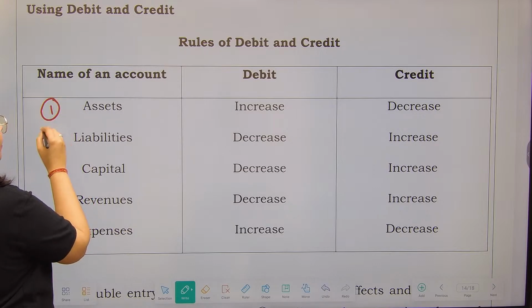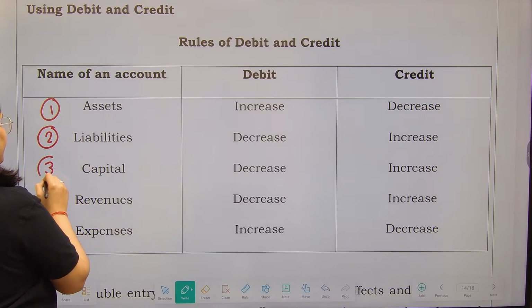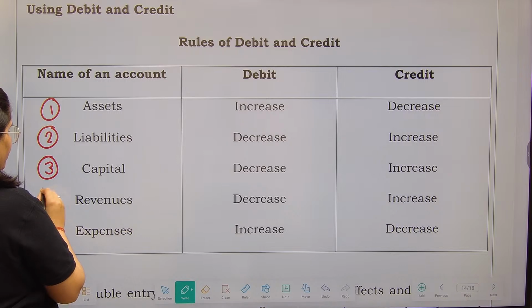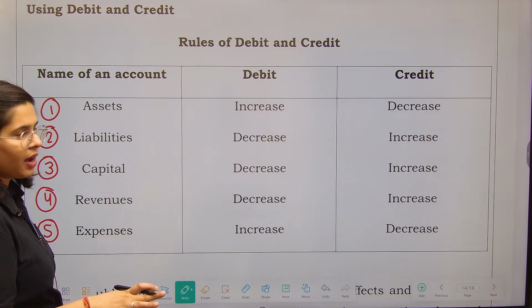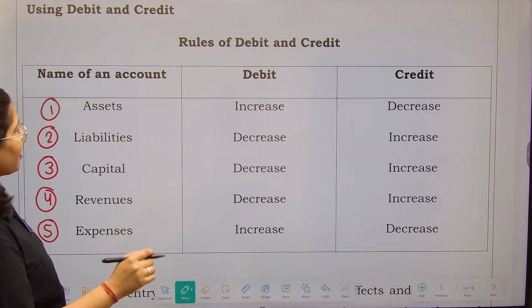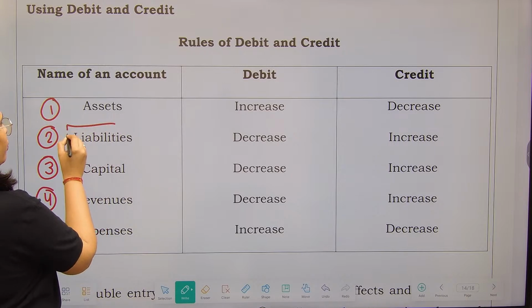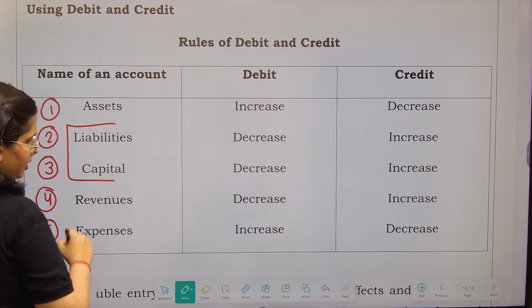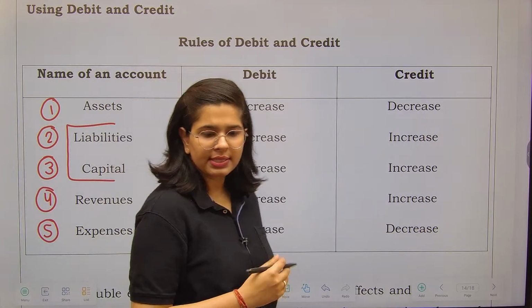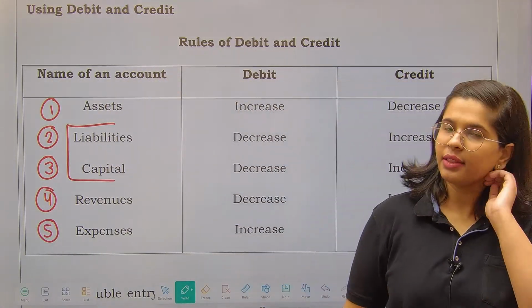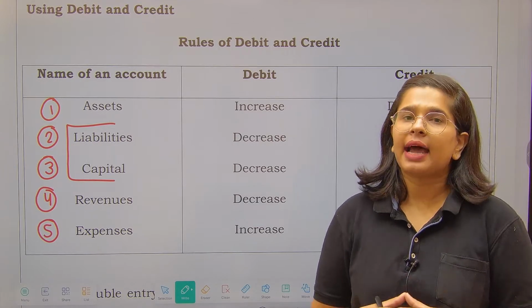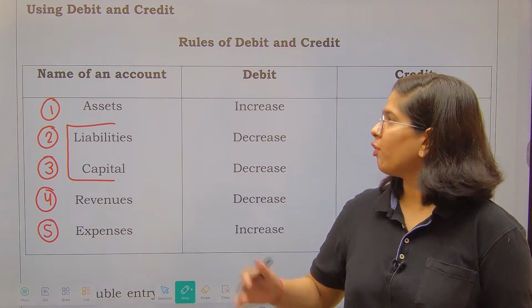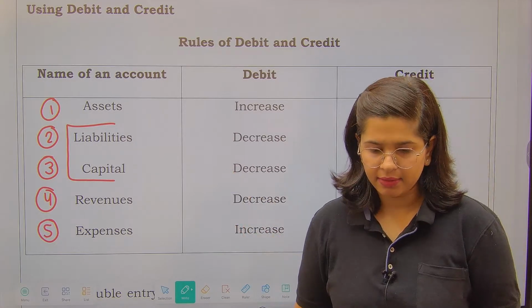Assets, liabilities, capital, revenue and expenses. Fine, only these 5 accounts you will see. Now if I make this easier for you, liabilities and capital are written on the same side of the balance sheet. That is why the treatment of both accounts will be similar.